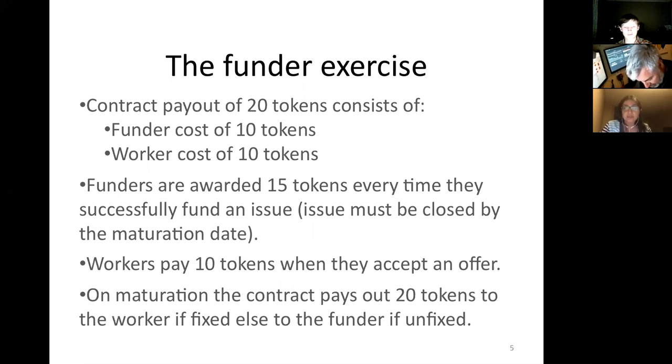Now, mind you, it has to be a successful funding, which means that the issue must be closed by the maturation date. Workers pay 10 tokens when they accept an offer. And on maturation, the contract pays out 20 tokens to the worker if the issue is closed or fixed. Otherwise, it pays out 20 tokens to the funder if the issue remains open and thus unfixed.